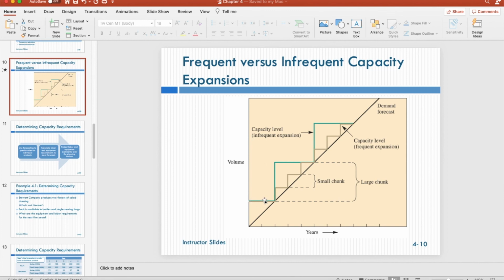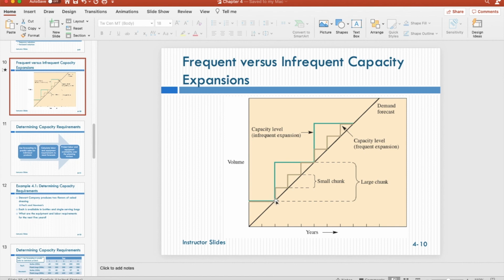But on the other hand, if you do not frequently expand your capacity, let's say you only increase your capacity at a relatively long time period, then each time you try to expand your capacity, this step will be a large step, right?